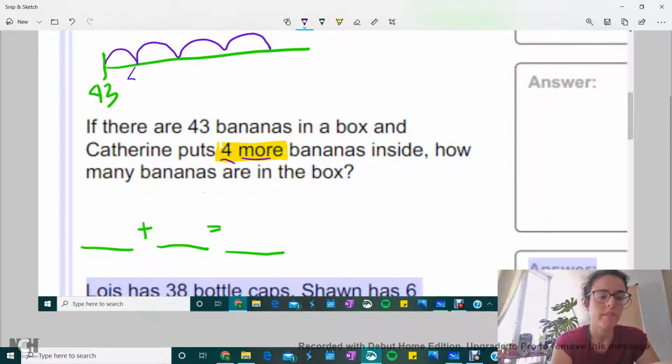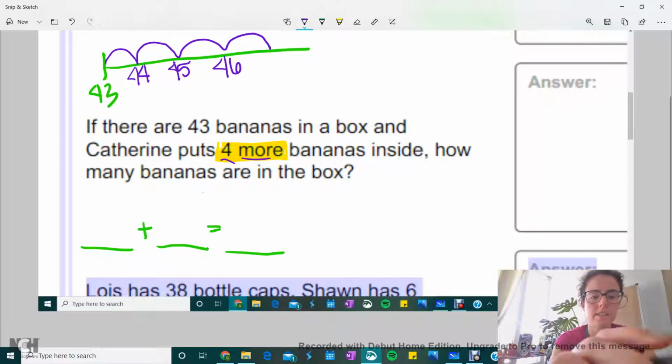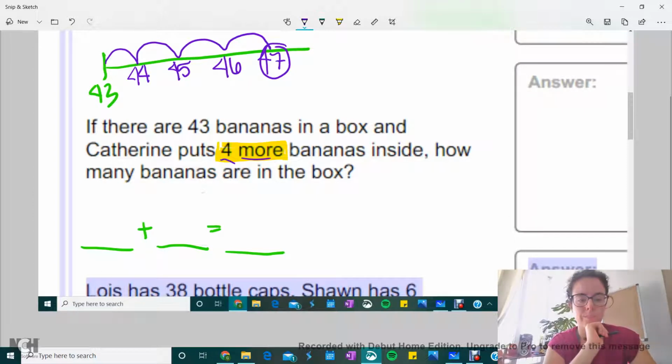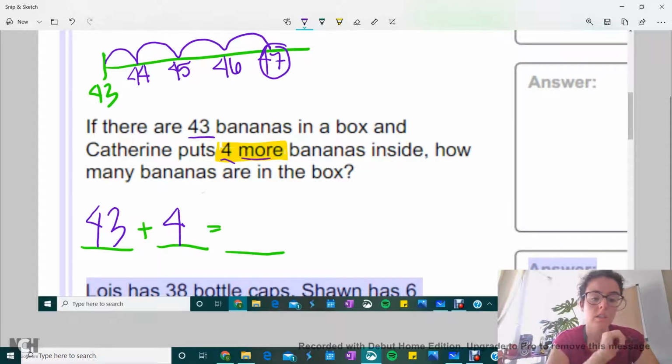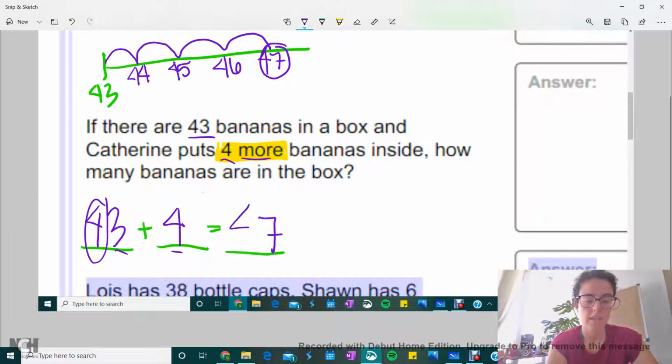So 43, 44, 45, 46, 47. 47. Now, if you made a number sentence, maybe, does it look like this? 43, because that is what we start with. And then we're adding 4 more. And then, what was your answer? Did you see that 3 plus 4 equals 7? And then we have our tens, and so it's 47.